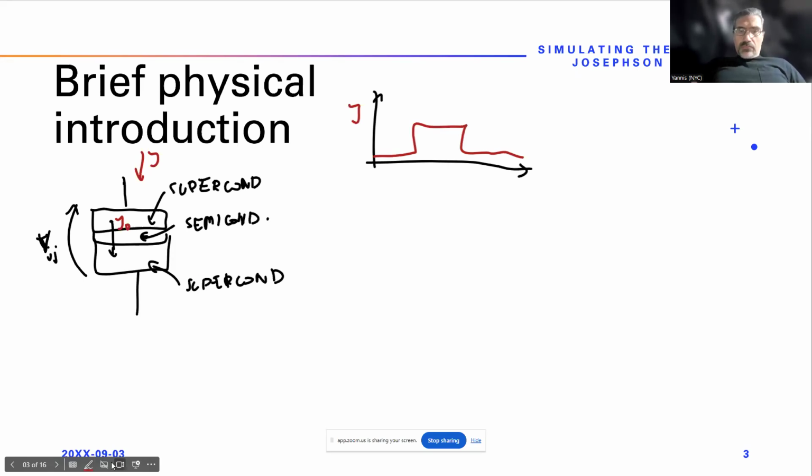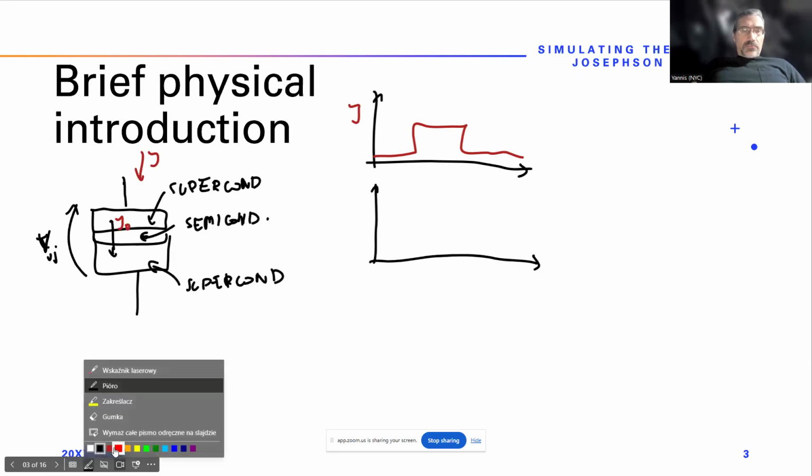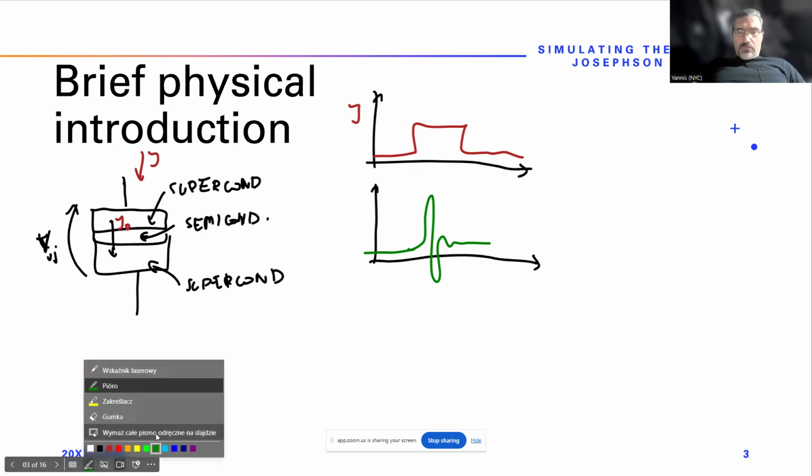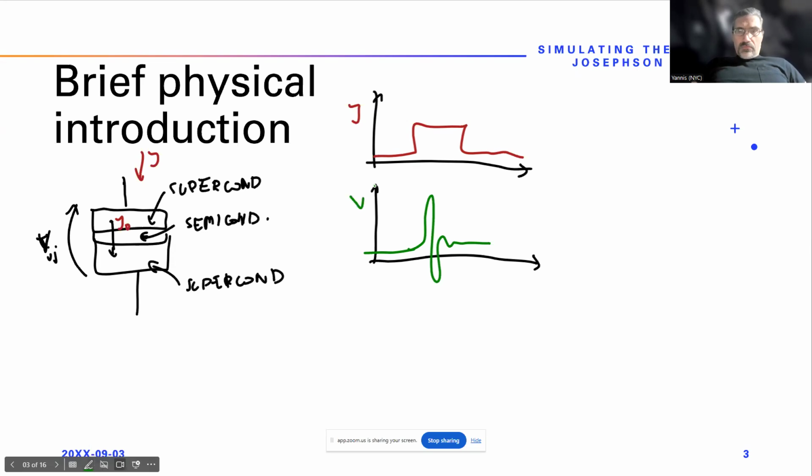First of all, we get the voltage response: precisely at the moment when the current jumps, we get a very short impulse of voltage across the junction. So this is the first response.